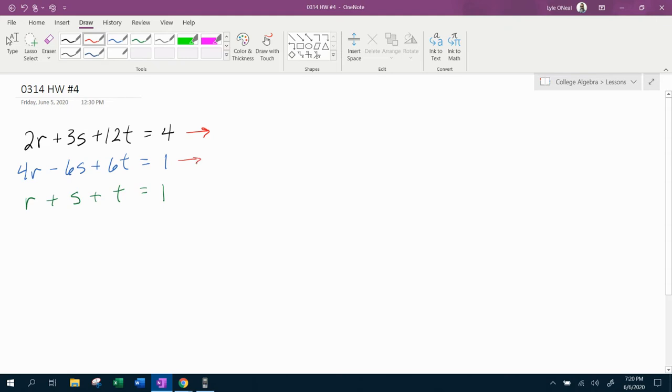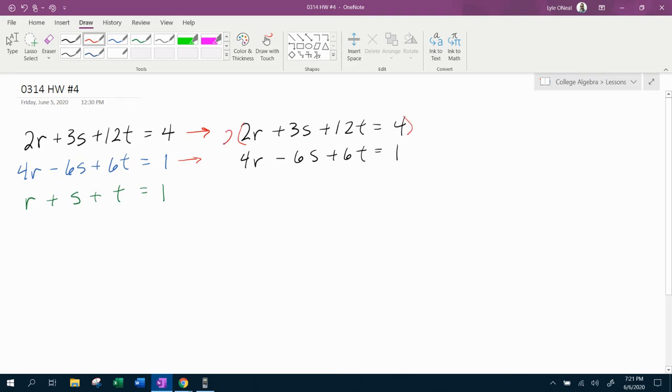Let's start with the first and second equation. I'm simply going to recopy those. 2r plus 3s plus 12t equals 4, and 4r minus 6s plus 6t equals 1. And then I'm going to look at the first equation, and I'm going to notice that if I multiply this 3 by 2, it'll make 6, and then those s's will cancel.